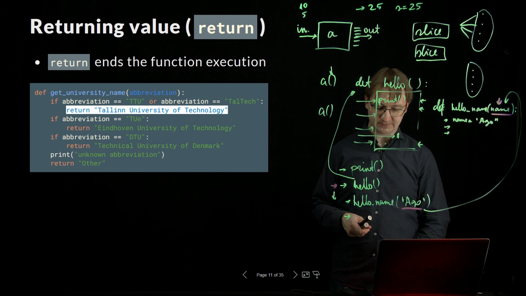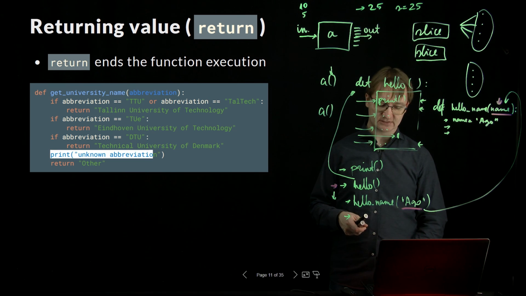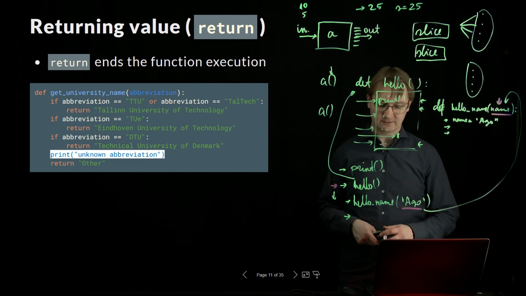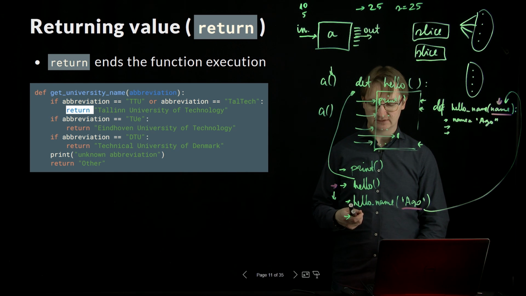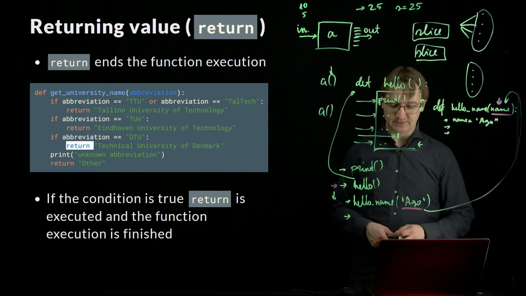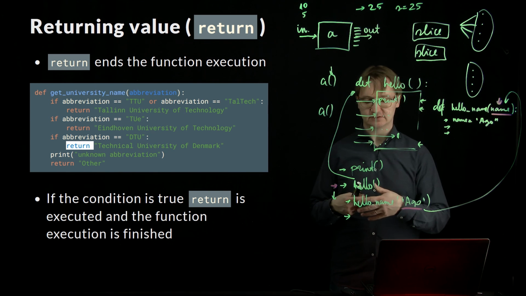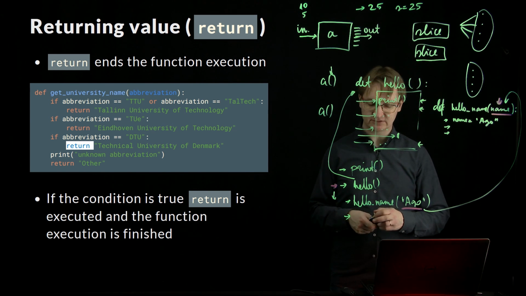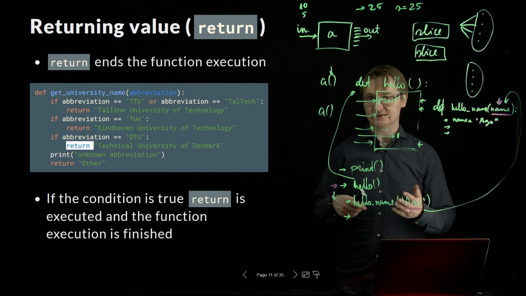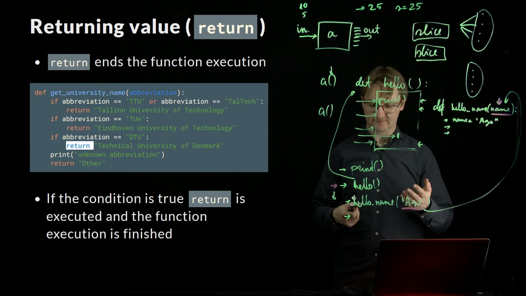For example, there is a print sentence which says that it's an unknown abbreviation. We won't get there if we reach here or here or here. Because the return statement ends the function, we don't have to use if and else statements here. We can just use if.